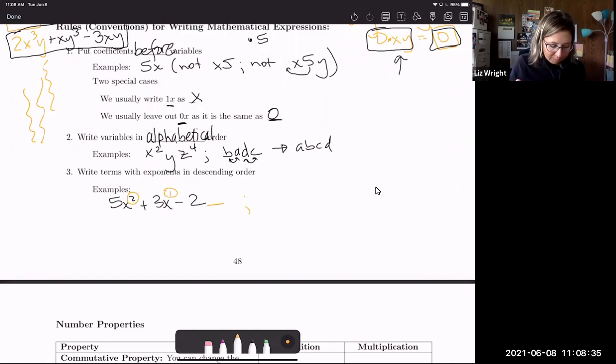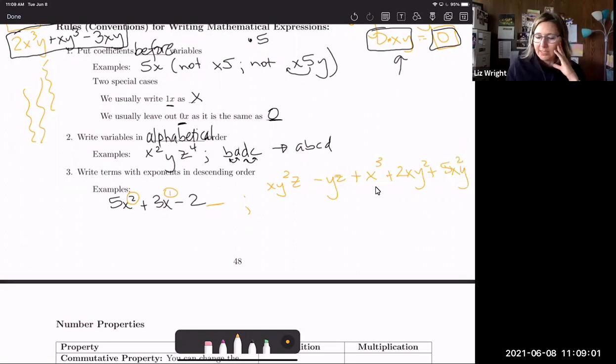Let me give you another one. I'm actually going to mix this one up, and I'm going to have you see if you can put it in order. So we've got x, y squared z minus yz, and then we're going to do plus x cubed plus 2xy squared plus 5x squared y.